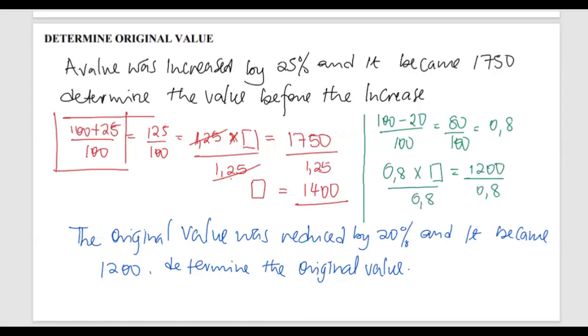The box becomes 1,000. Remember, the number is bigger than the one because it was reduced. So it was 1,500 that was reduced by 20, and the answer became 1,200.